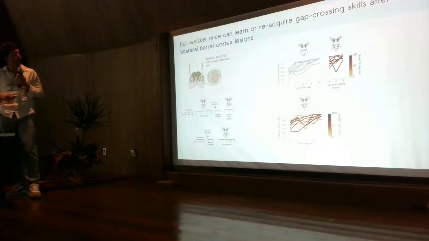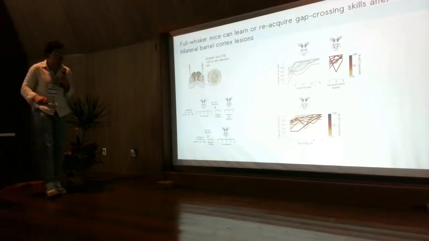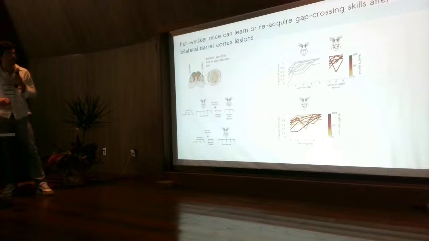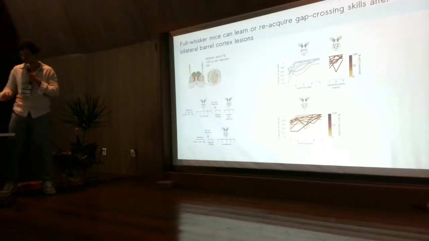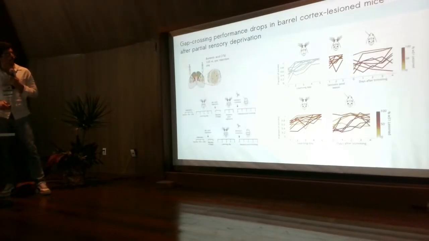In this case, we lesioned the animals after they were expert, and they reached expert levels after 3 days. And here the animals were lesioned before task learning, and they could still learn. Even this animal that had almost 100% of the barrel cortex lesioned could learn. Here, this is color coded for the volume of barrel cortex lesion. And then, just as a control, when we clip the whiskers, we see what is in the literature: the animals cannot recover the behavior in this condition.